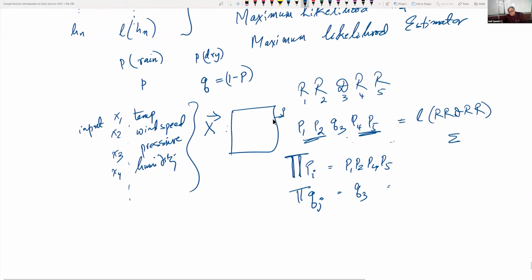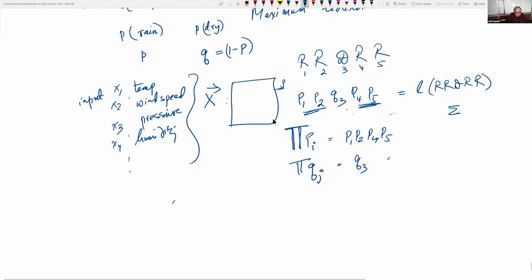And so you would write it like this, isn't it? And therefore, your likelihood function, the likelihood of this hypothesis P, is the product of all the Pi for the positive case, and the product of all the Qj for the negative case. In this case there is one, but suppose there was another dry day. So I hope this agrees.